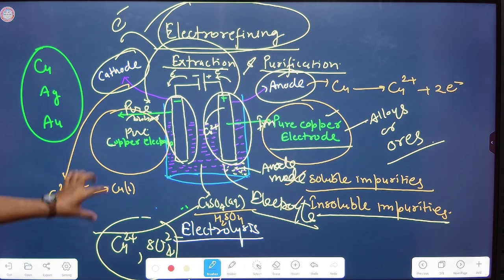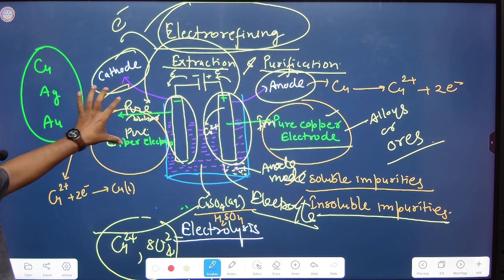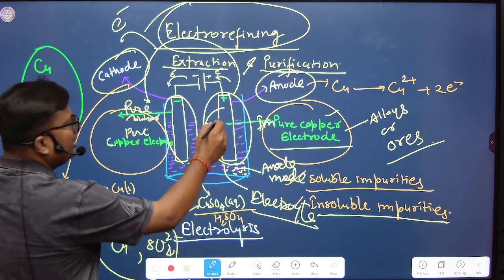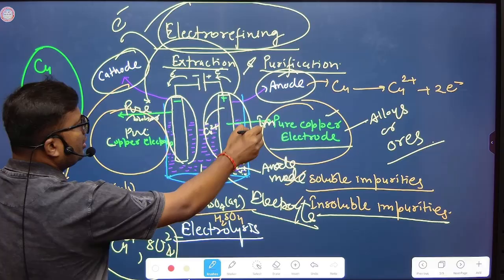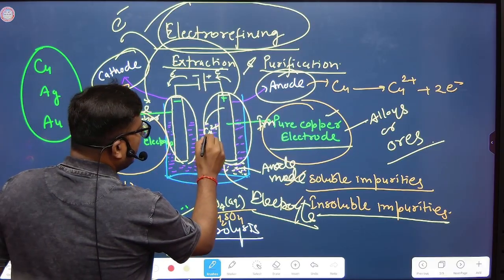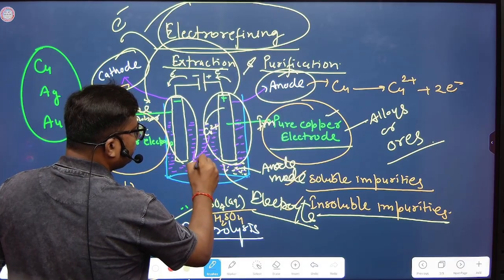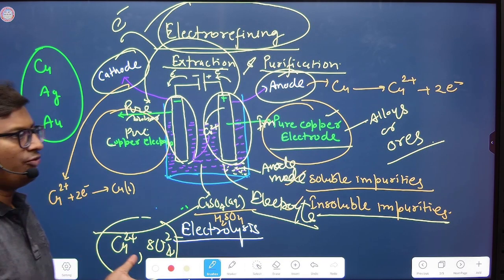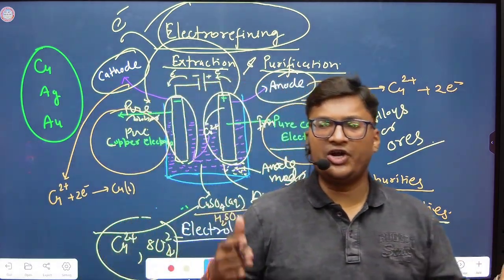Now there is a potential difference between these two electrodes. So what happens? Copper 2+ from the impure anode metal strips comes across to the cathode, right? And the cathode is a rich source of electrons.